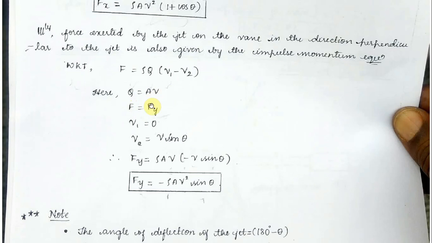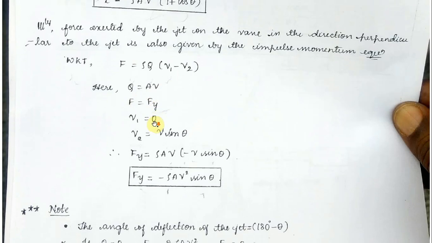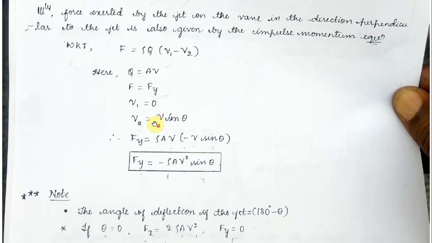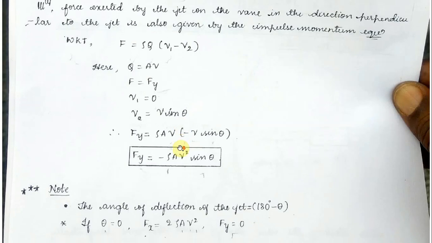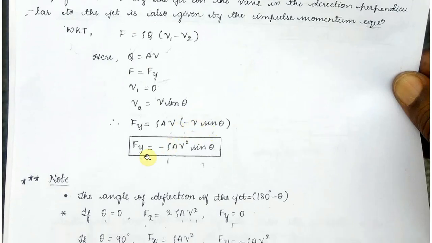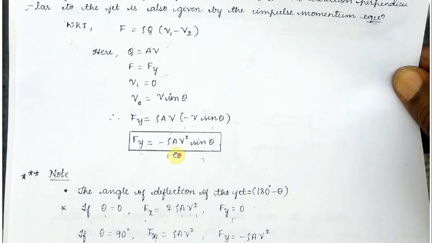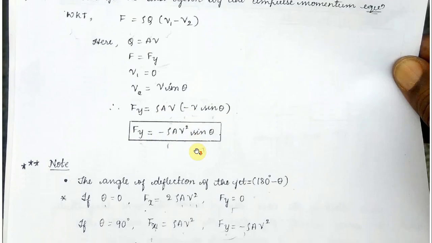Here the force in terms of the y direction is Fy. In the previous case it was Fx, and V1 is equal to 0, initial velocity is 0, and V2 is equal to V into sine theta, that is the vertical component. Therefore, Fy is equal to rho into A into V into minus V into sine theta. Therefore, force in y direction Fy is equal to minus rho into A into V square into sine theta.